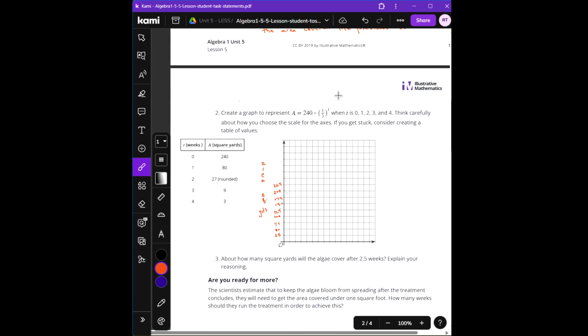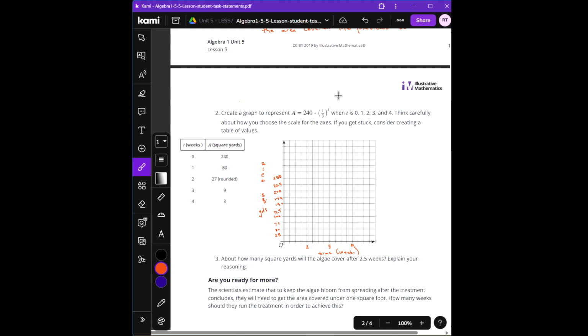Okay, and it looks like 240 is our top. Okay, and then on the bottom, our time is in weeks. Okay, and we're going to 4. Okay, and so we can have 1, 2, 3, 4. Okay, we can call this 2. 1, 2, 3, 4. We can call this 4. And we can call that 6. Okay, you might have some different values, but that's okay.